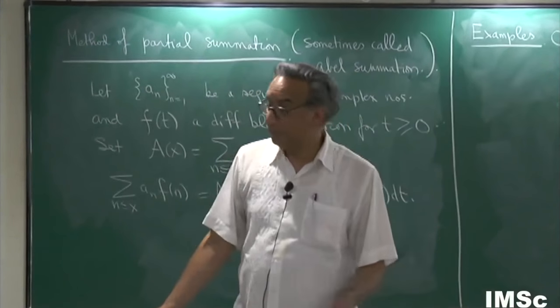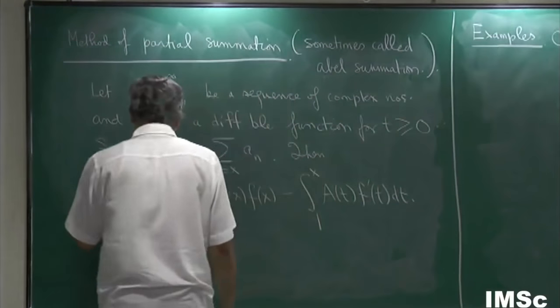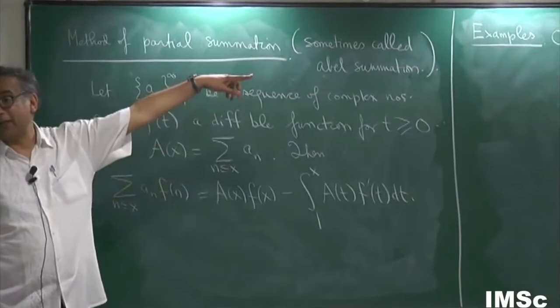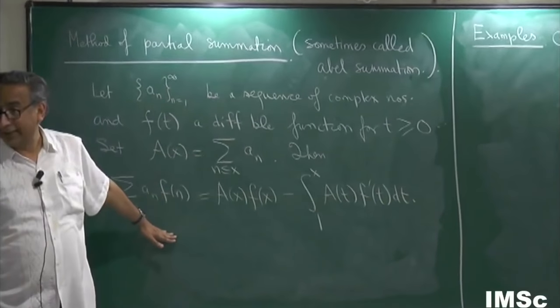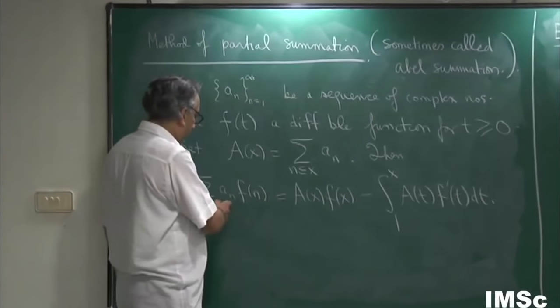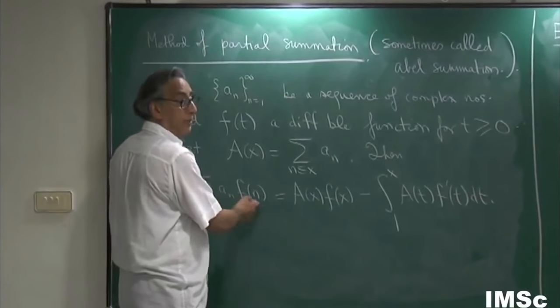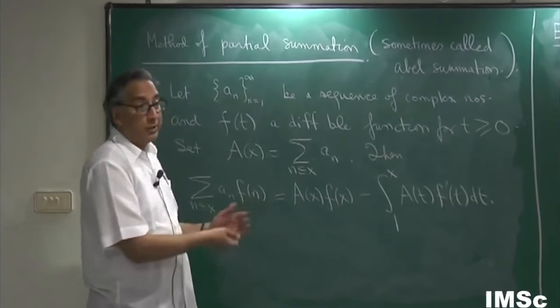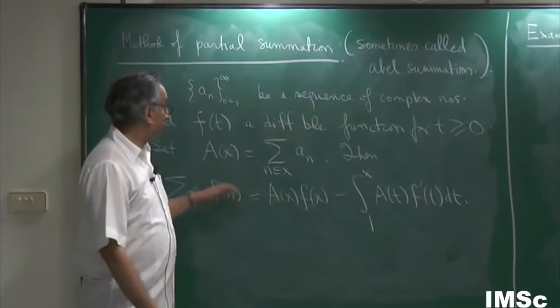I'm not joking, you know. So you look at this thing and you try to figure out, I want to find the asymptotic behavior of that. I want to use this and change it into an integration. So what am I going to pick for a sub n? What am I going to pick for f of n? Now if you pick a sub n to be 1 over n, you will need some information on that.